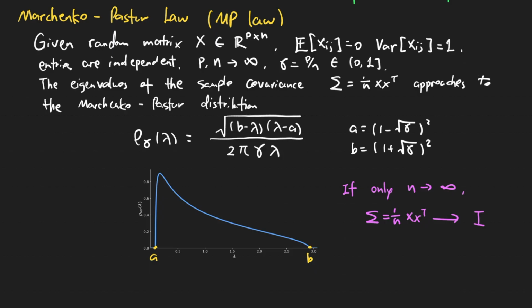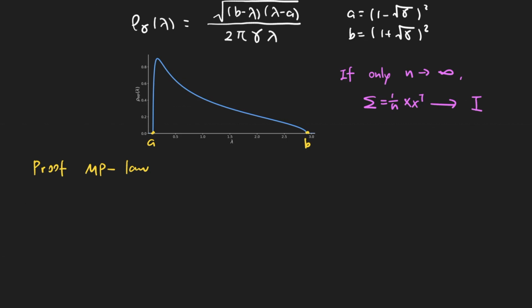Okay, now let's try to prove this result. If you watched the last video on the Wigner semicircle law, this proof follows the same structure. We start by writing down the resolvent, R of z equals sigma minus z times I, all inverted.